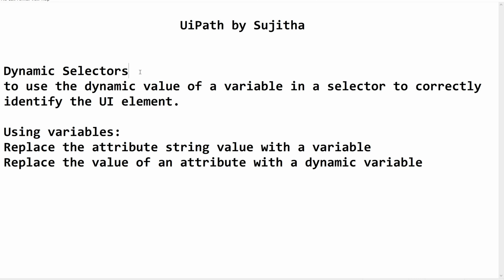That means dynamic selectors. Understood? So I hope this is very useful for you if you are confused about the dynamic selectors, and let us use some more workflows in our coming videos. We can do more and more practice sessions on the dynamic selectors whenever we get some time.